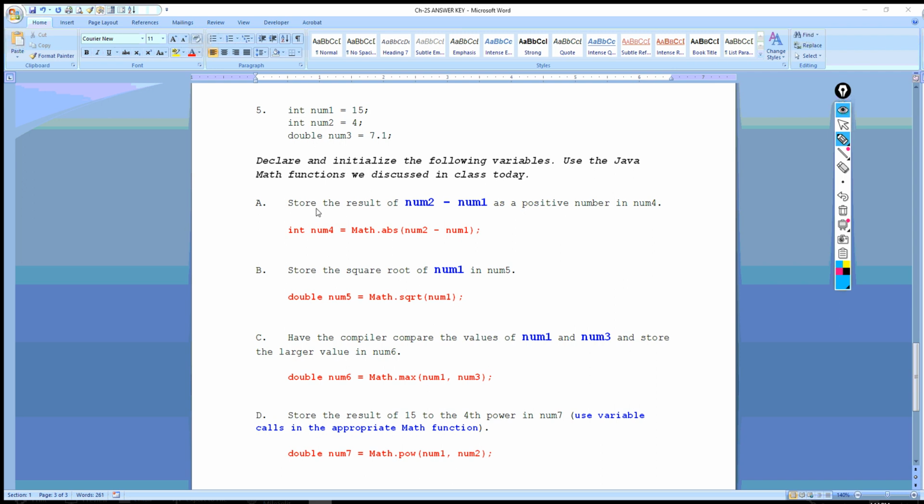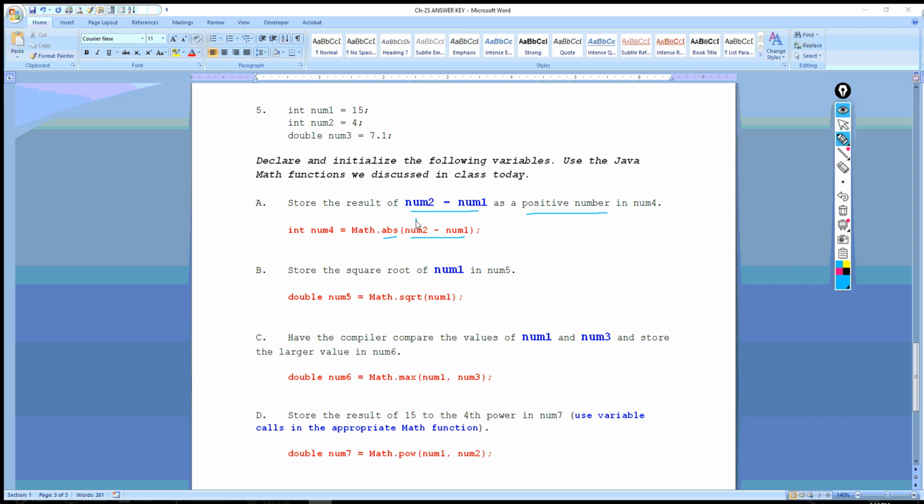So basically, store the result of this subtraction problem as a positive number. In order to ensure a positive number, we need to use the absolute value, which is Math.abs. We'll put that calculation of the difference inside the parentheses as the argument. And now here's the thing.